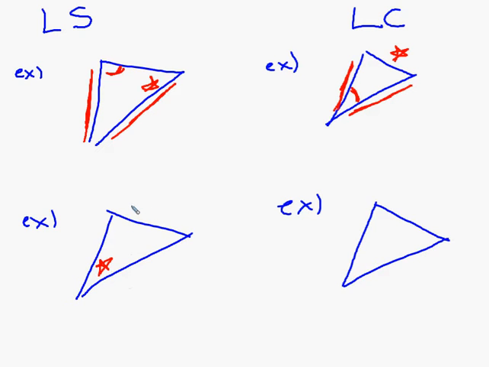I want that. And I know this, this, and this. And this one, I want this, and I know this, this, and this. Alright, so which are law of sines, which are law of cosines?